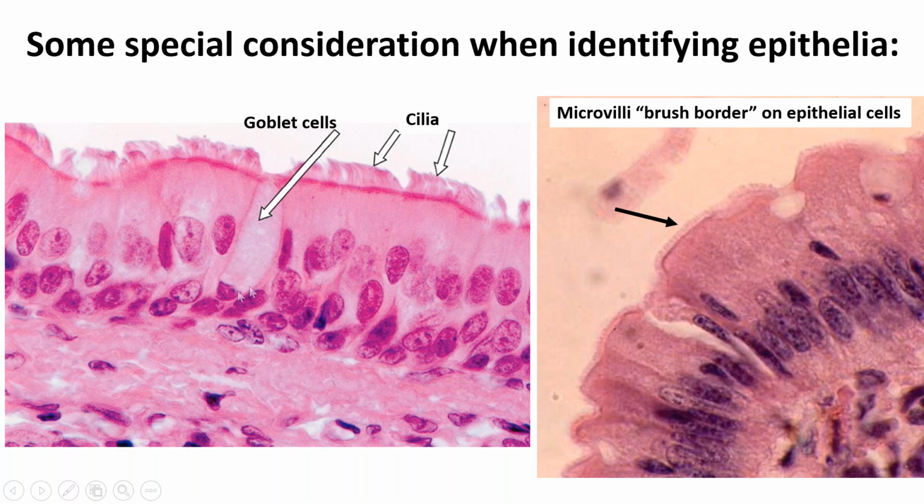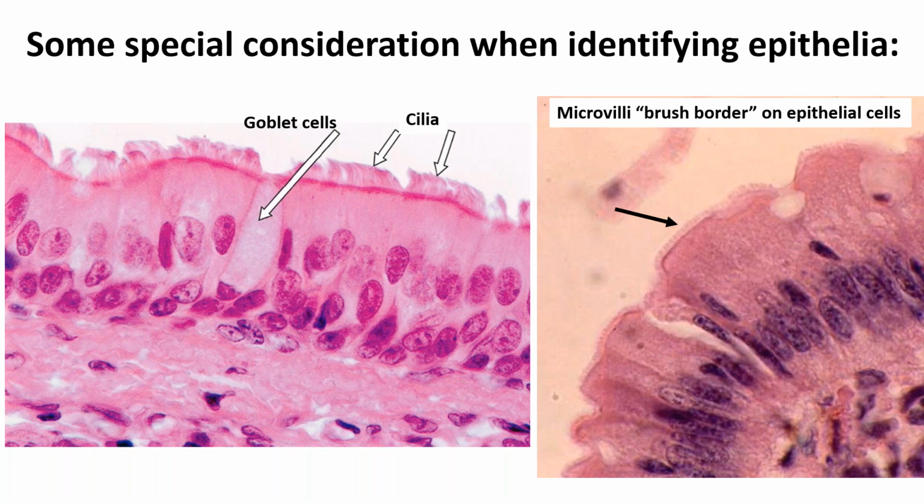Now, goblet cells are basically unicellular exocrine glands that produce mucus. So these are going to be lovely with PAS stain, as you know. Goblet cells are only found in two systems. They're found in the respiratory system and in the digestive system, so they're only found in the large and small intestine.